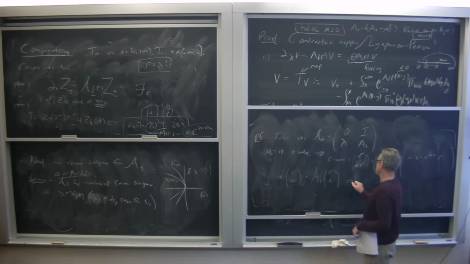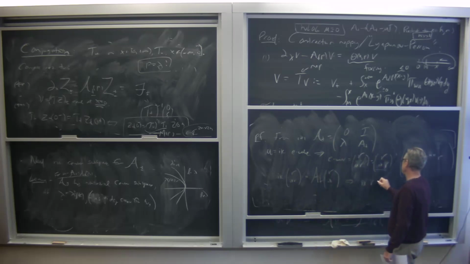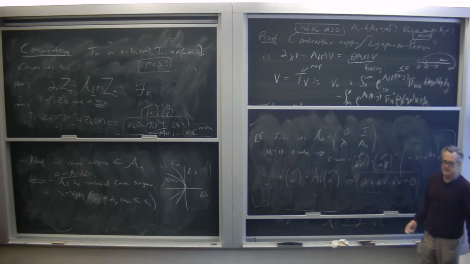And this tells me, magically, that lambda plus IK V minus K squared V equals 0. I find that it solves the dispersion relation.